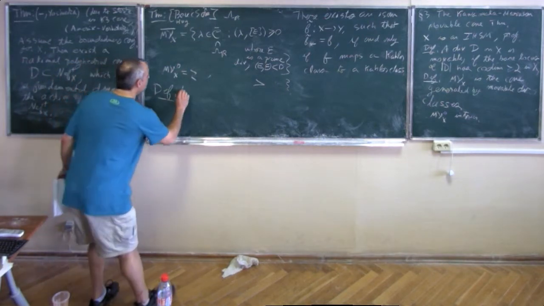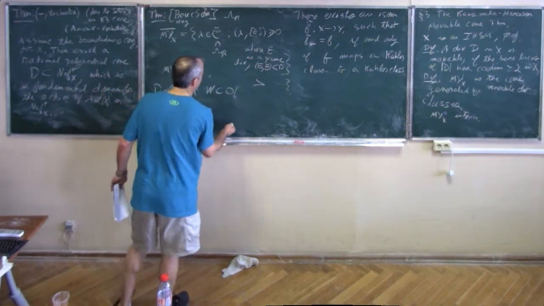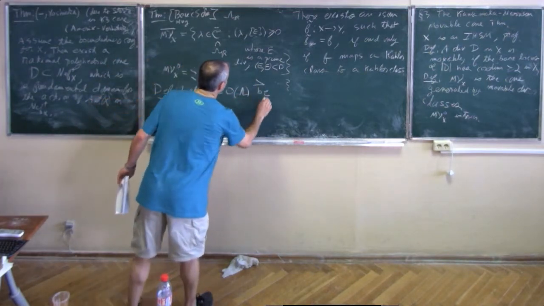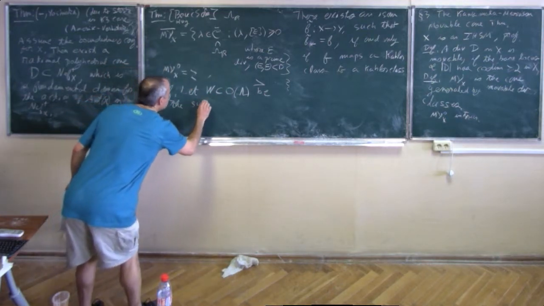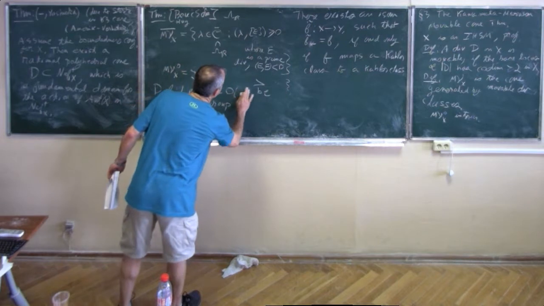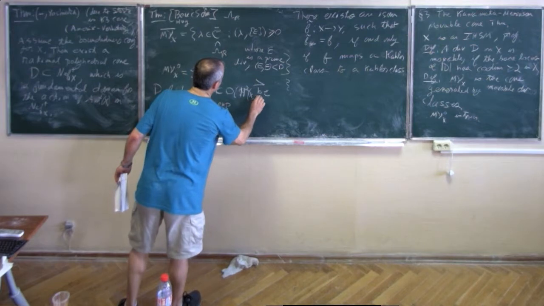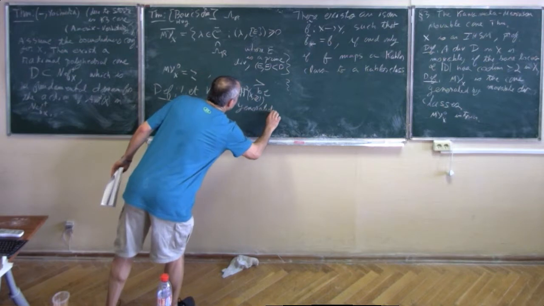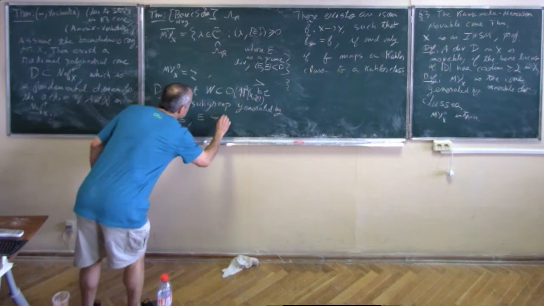So let W, in the isometry group of lambda, H2(X,Z), be the subgroup generated by this reflection R_E, where E is a prime exceptional divisor.